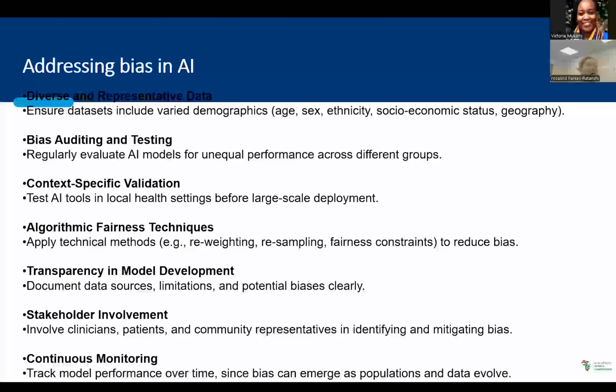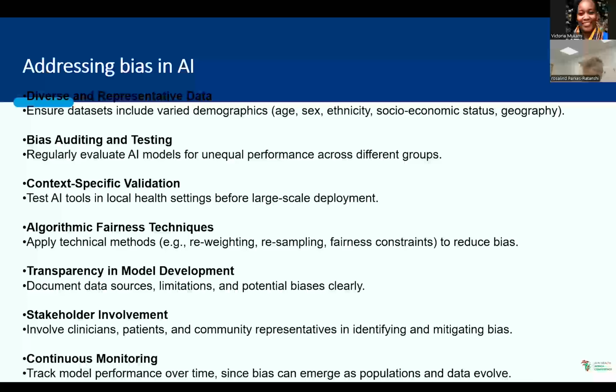We obviously can't get transparency into all of these black boxes that the big tech bros have developed, but as much as we can control, we should publish our datasets and the work that we've done to show what we've looked at and what biases we've tried to address. And continuous monitoring.